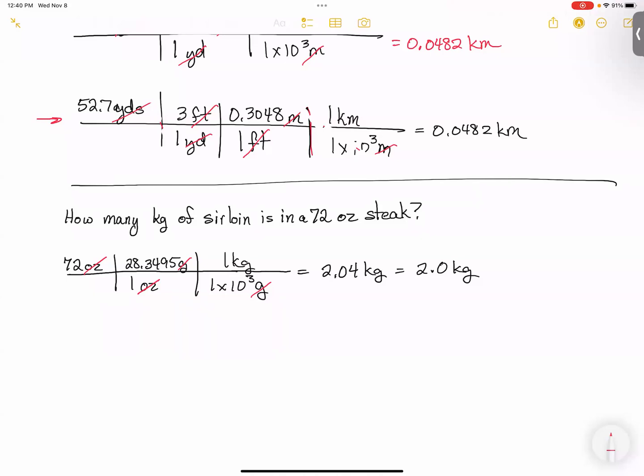For our purposes, we're always going to go back to the original problem and look at any numbers given to you in the original problem. Whichever has the lowest, that is going to be your significant digits. So it'll be in the problem.